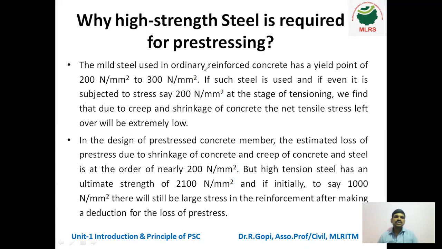Let us see in depth. The mild steel used in ordinary reinforced concrete has a yield point of 200 to 300 N/mm². If such steel is used and is stressed to, say, 200 N/mm² at the stage of tensioning, we find that due to creep and shrinkage of concrete, the net tensile stress left over will be extremely low.